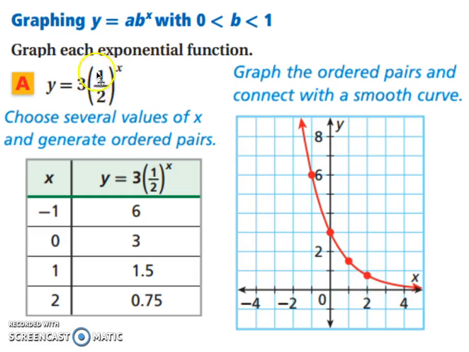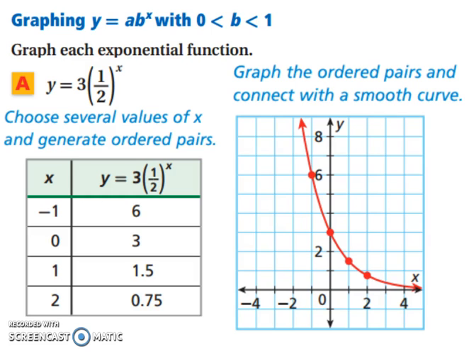Notice how when your b value is greater than 0, but less than 1, so when this is a fraction, if you will, it shoots from right to left and goes up. So we're going off in the backwards direction, but we're still going up because the a value is positive. We're just going in the other direction since we have this fractional piece.